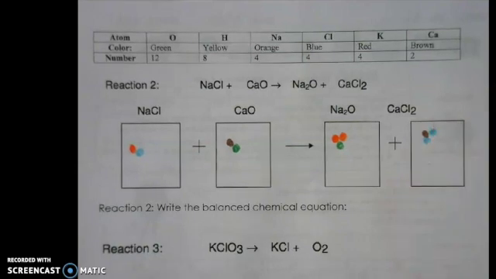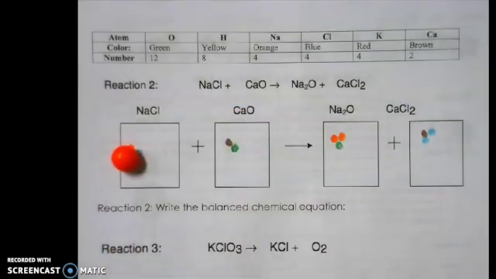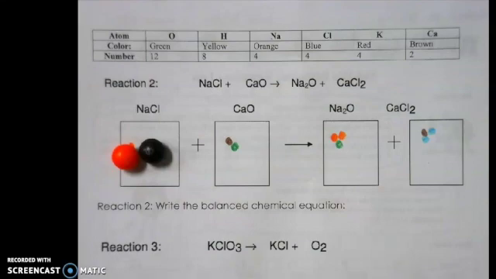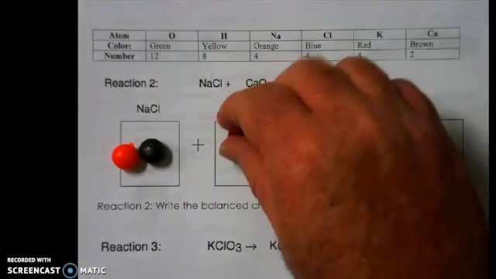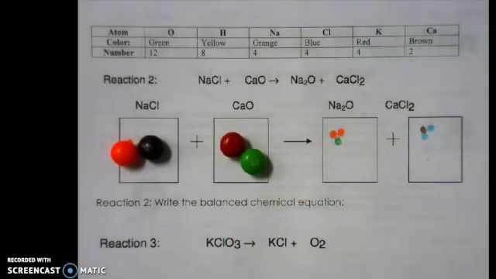Okay, so now let's use our candies to model that. So again, I don't have blue, so I'll use purple for blue. There's my sodium chloride. I don't have brown, so I'm going to use a red. And there's my calcium and oxygen.